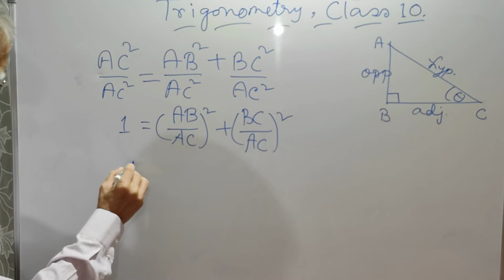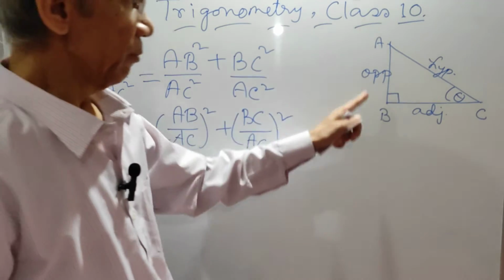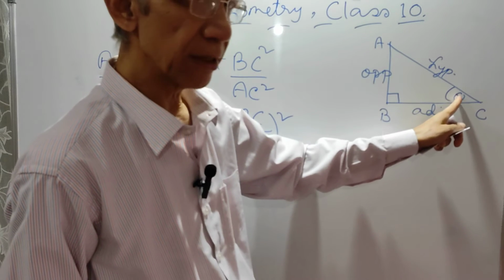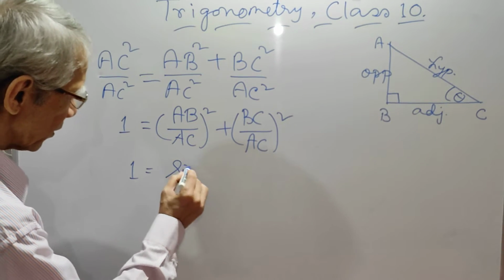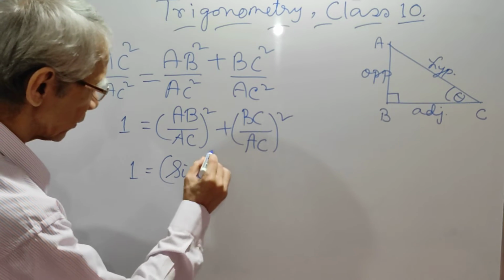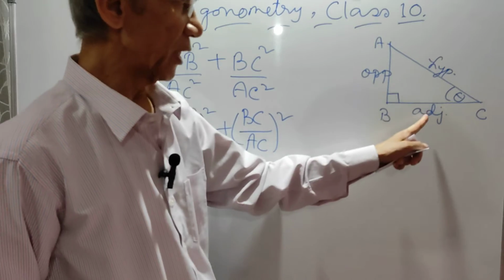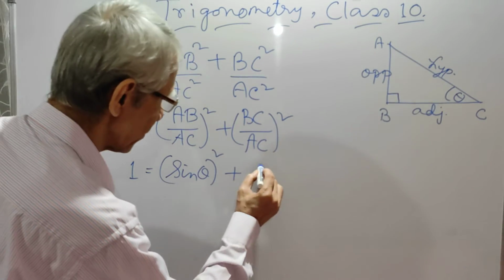Alright, so 1 equal to, now see AB by AC, opposite by hypotenuse, that is sine of angle theta. So this is sine theta whole square, plus BC by AC, adjacent by hypotenuse, that is cos of angle theta.